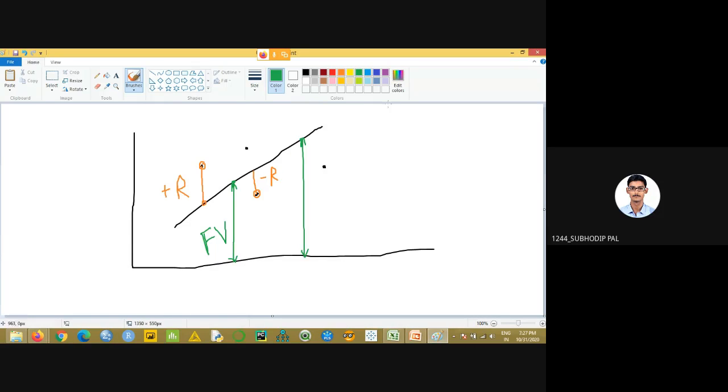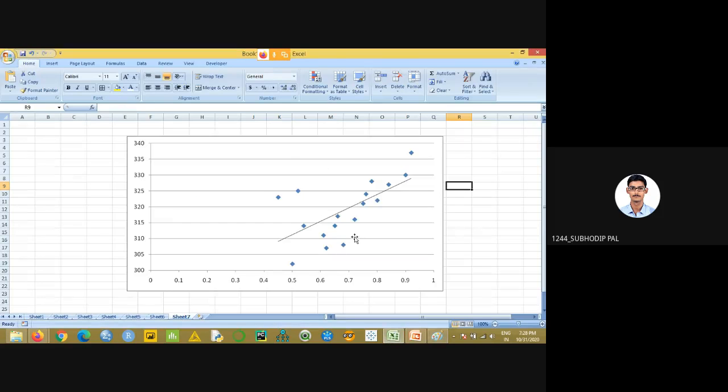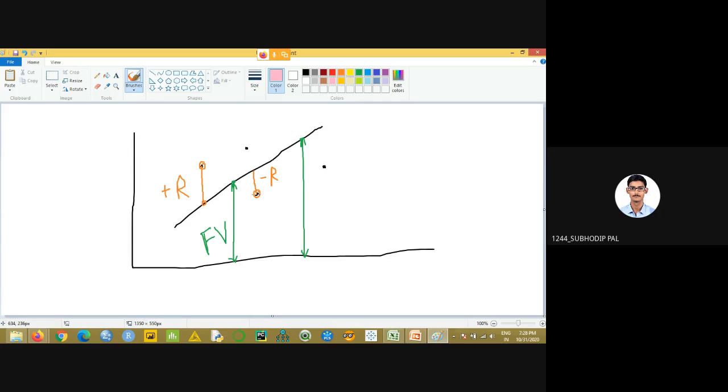Next one is observed value. Suppose this is my observed point, and this is the fitted value, and this is my observation. All those dotted points in the scatter plot are my observations.